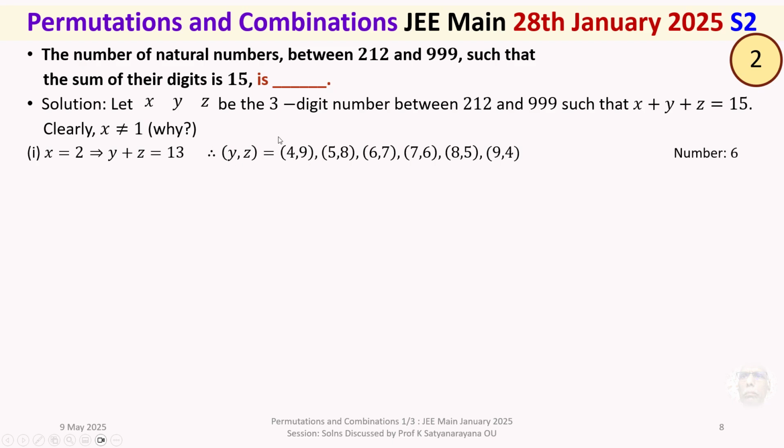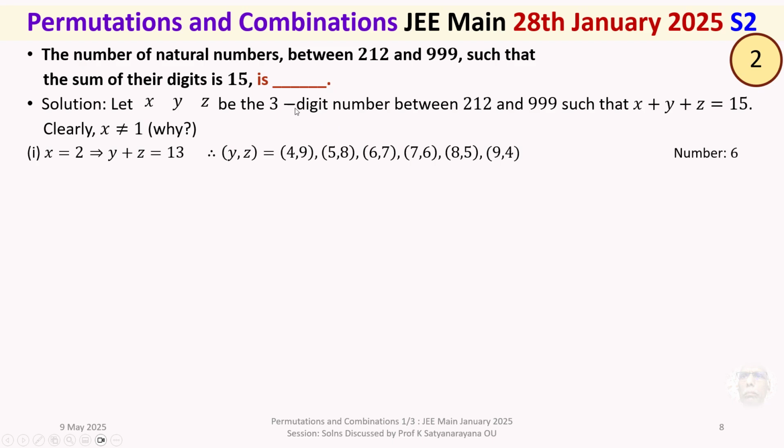Even if suppose y starts from 3, then 3 plus z is 13, so z will be 10, and 10 is not a digit. So, now y comma z will be 4 comma 9, that is 13; 5 comma 8, 13; 6 comma 7, 13; 7 comma 6, 13; 8, 5; 9, 4.